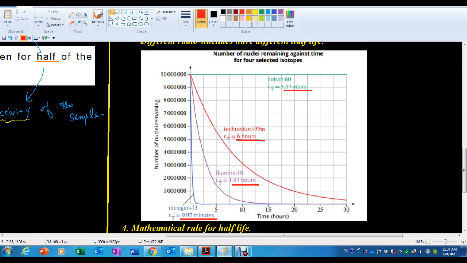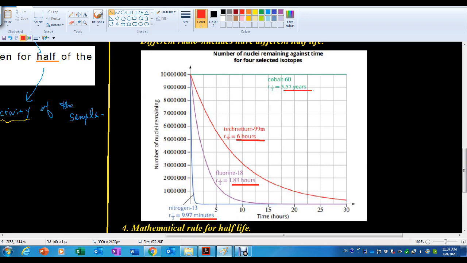So when the half-life is small, the decay curve drops quite sharply. When you see a really large half-life, that's the green curve. Practically, there's no dropping because the time axis is hours, and the half-life is in terms of years.